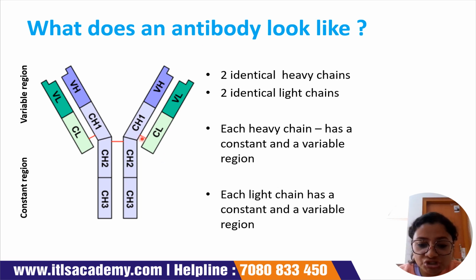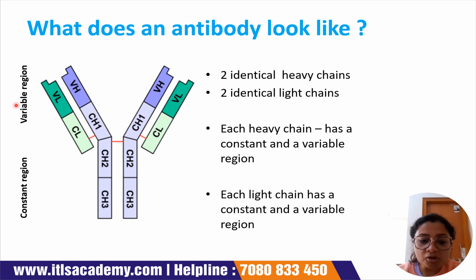Each heavy chain and each light chain in turn has a constant region and a variable region, which are marked by the light and the deep shades. The deep violet shades will be the variable regions of the heavy chain, and the deep green shades will be the variable regions of the light chains.